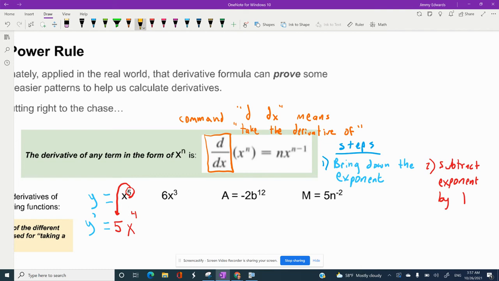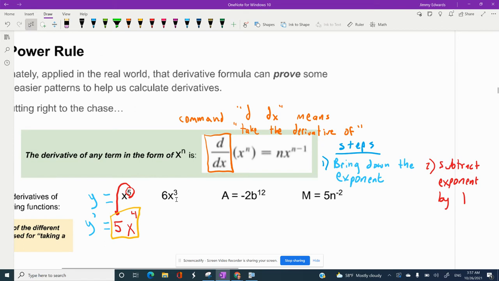And that's it. That's the power rule. That's the whole thing. Amazing. So step 1, bring the exponent down. Step 2, subtract by 1, and you're done. And that's calculus.